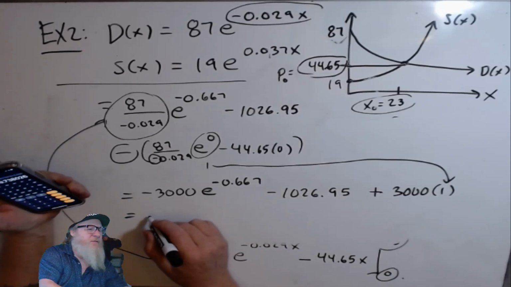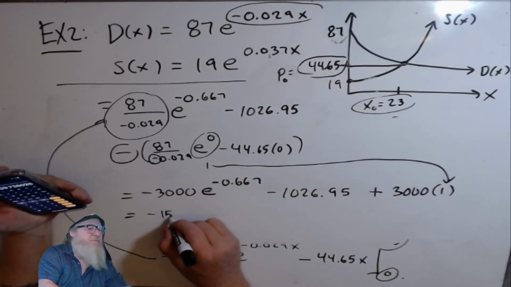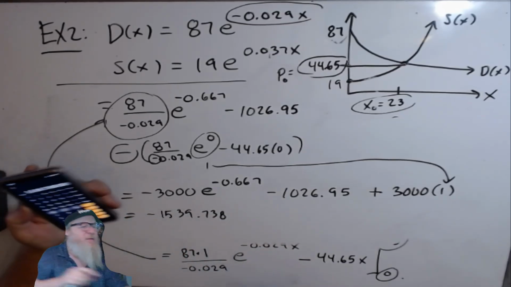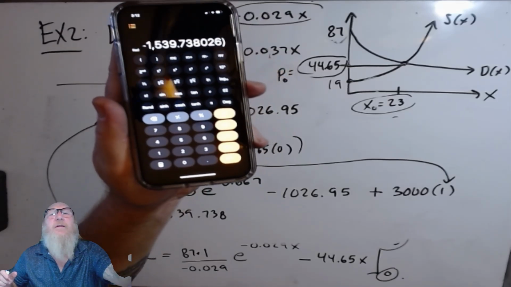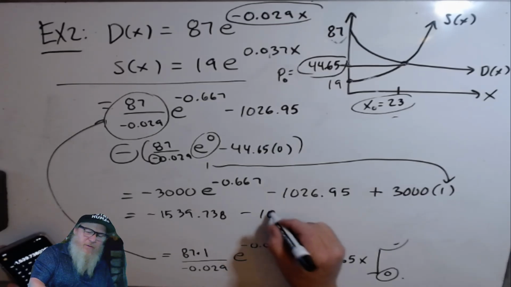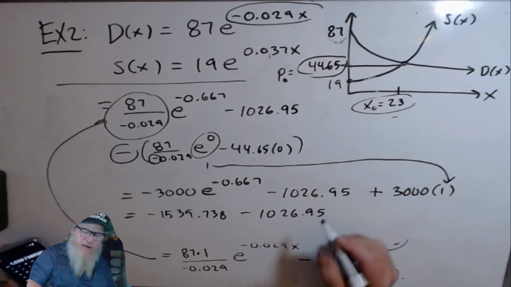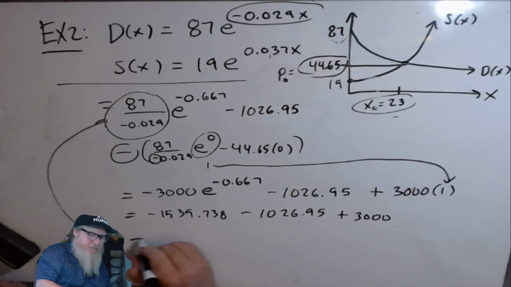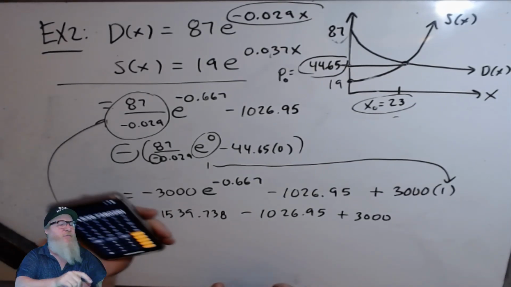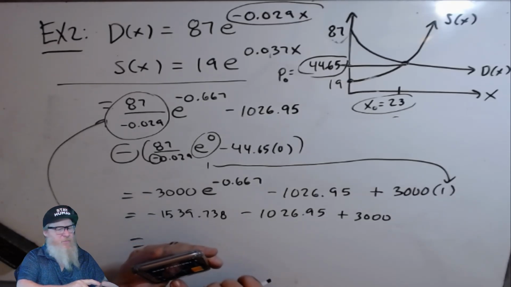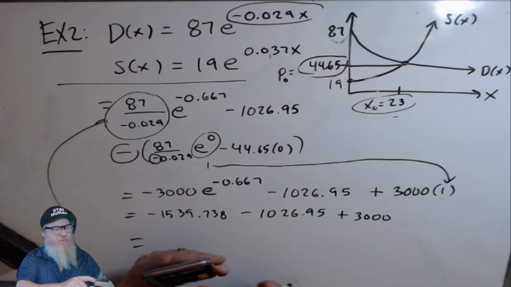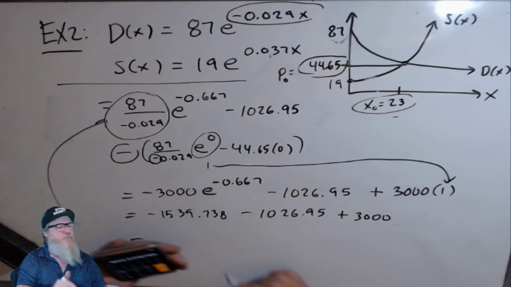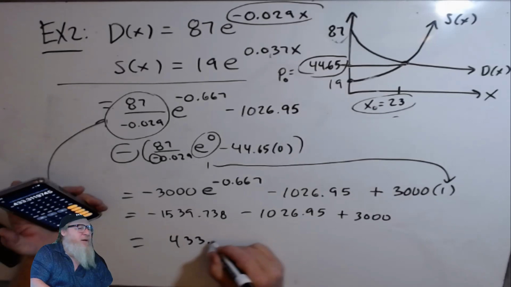Negative 3,000 times that is negative 1539.738, minus 1026.95 plus 3,000, and that will give me my final answer. At this point, I'm just going to finish it off with the calculator. So minus 1026.95 and then plus 3,000. $433.31.